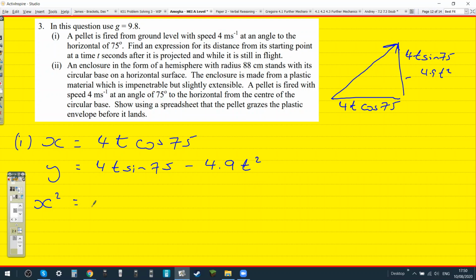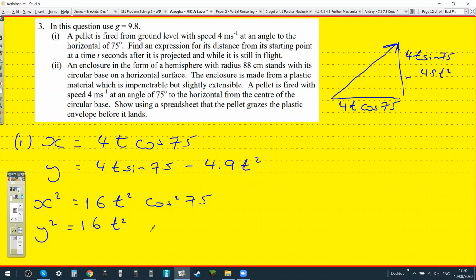So x squared is 16t squared cos squared 75. I believe so. And then y squared is 16t squared sine squared 75.